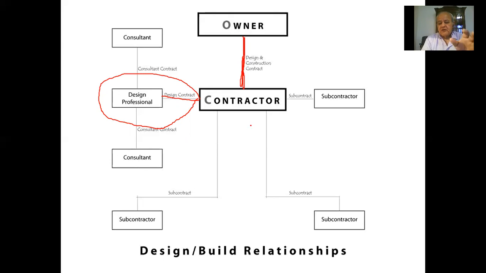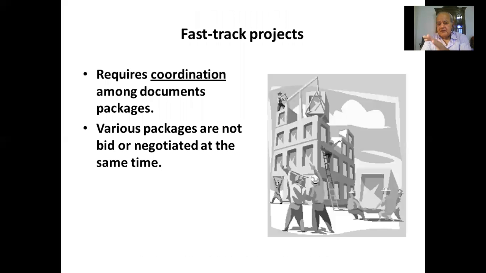Every delivery approach has its positives and negatives. Nothing is perfect. Fast track is good. It saves time, it saves money, but it requires a lot of coordination. And it saves money on the long run, not the short run.